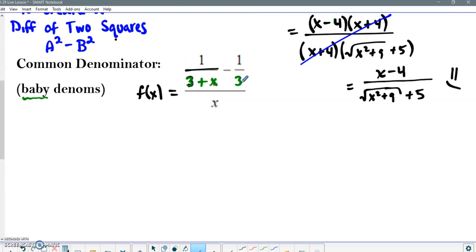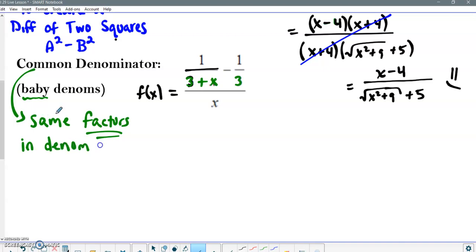As a reminder, to get a common denominator, again, in case you have forgotten, you need the same factors. A lot of times people just want to throw numbers into the denominator, and that's just not true. You need the same factors in there. So right now I have a factor of x plus 3, or 3 plus x, and I have a factor of 3.